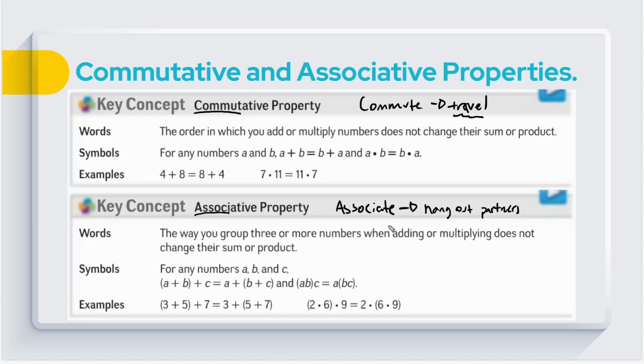So groupings are like hanging out, right? And if you're grouping only addition in an expression or only multiplication in an expression, then you can feel free to move those groupings around. So 2 times 6 times 9, where 2 and 6 are grouped, well, you can just group 6 and 9 instead. You can change who they hang out with.